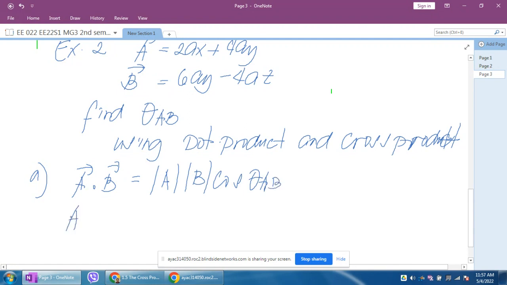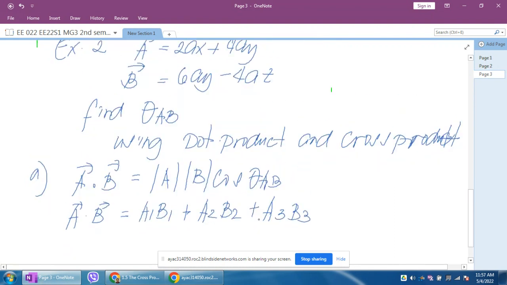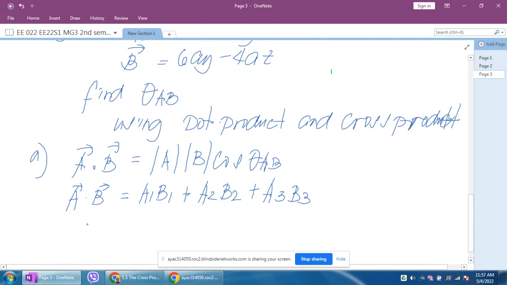And then another formula, A dot B is equal to A1 B1 plus A2 B2 plus A3 B3. Ito yung dalawang formula ng dot product natin. In fact, yung pangalawang formula ang gagamitin natin to solve.